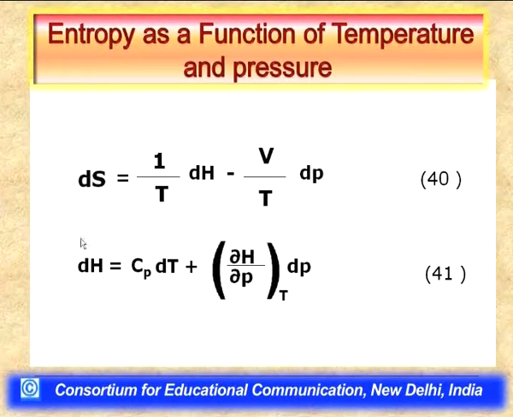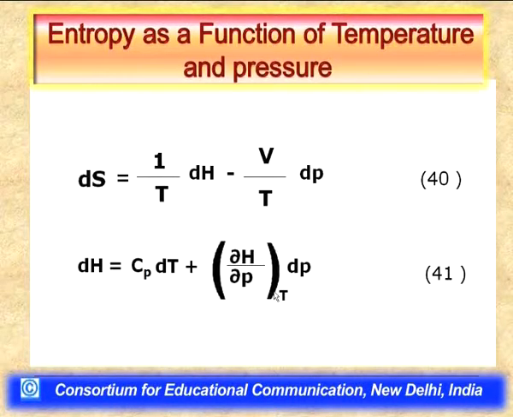So, we can again modify this equation 40 by considering the enthalpy change, the way we considered the entropy and internal energy change, that is dH equal to Cp dT, instead of Cv dT for dU, plus (∂H/∂P) at constant T dP. This is the equation we developed when we discussed the heat capacity under constant pressure condition.